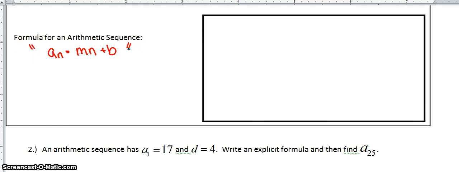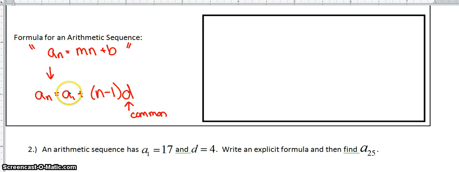There's a more concrete formula that I want you to be aware of, and also I want to derive for you, because this formula may be more useful in certain problems that I give you, which you'll see later. So another formula for an arithmetic sequence is a_n equals the first term, which we call a_1, plus (n minus 1) times d, where d is the common difference.